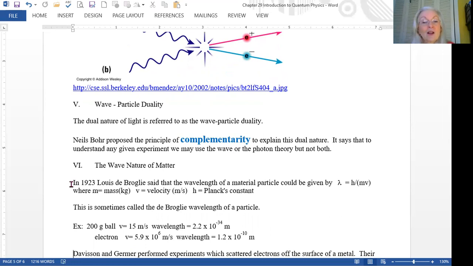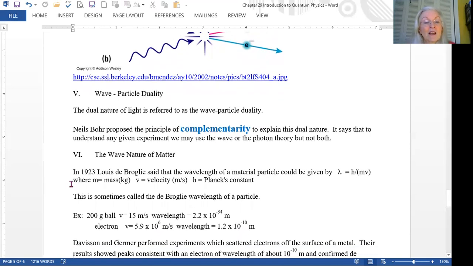Remember, mass times velocity is the momentum. So if you take Planck's constant and divide it by the momentum of your particle, you're going to get the wavelength. Just to give you some sort of example, if you had a 200-gram ball traveling at 15 meters per second, it would have a teensy wavelength of 2.2 times 10 to the minus 34 meters.